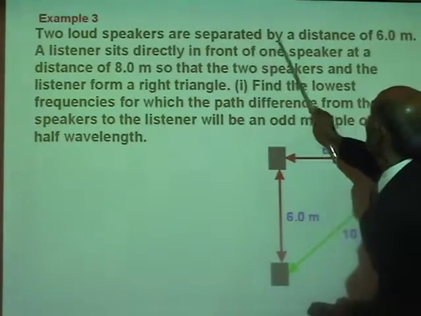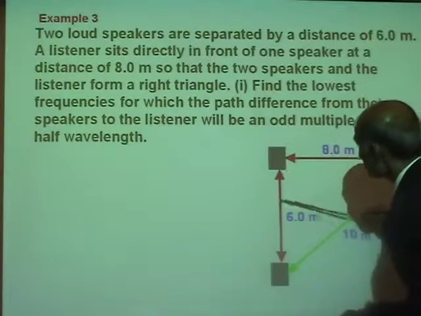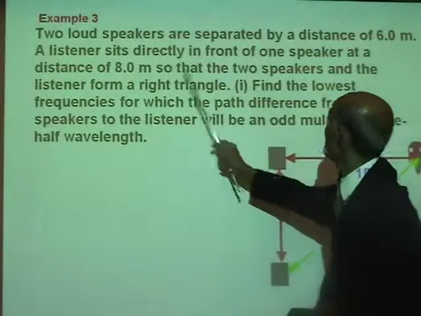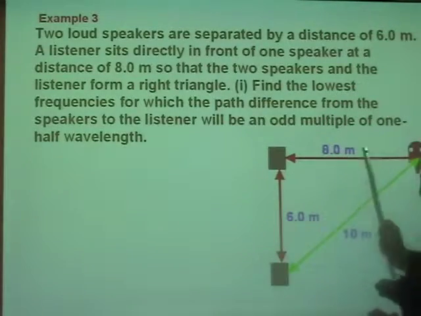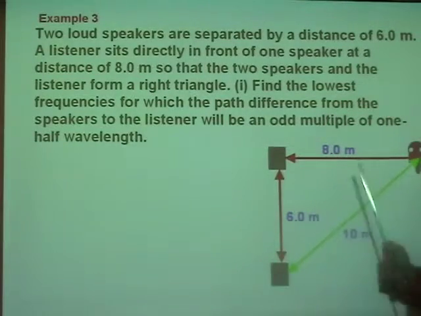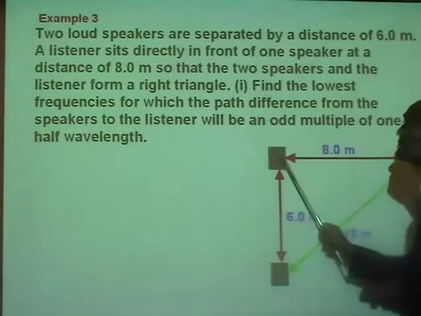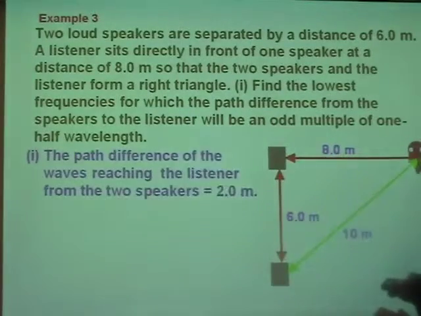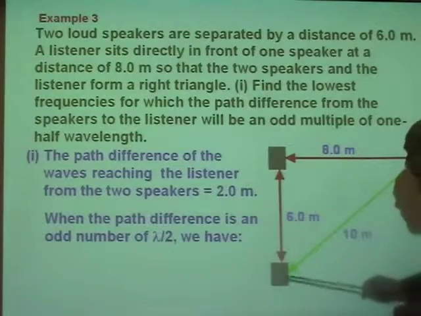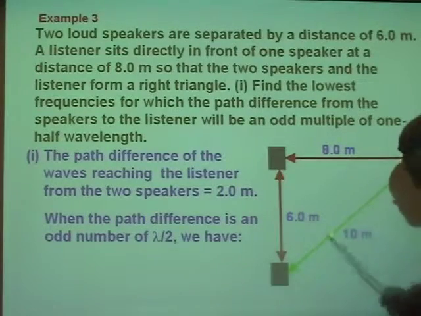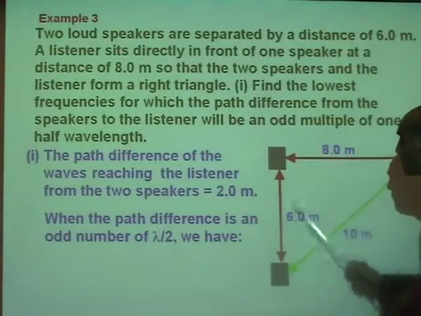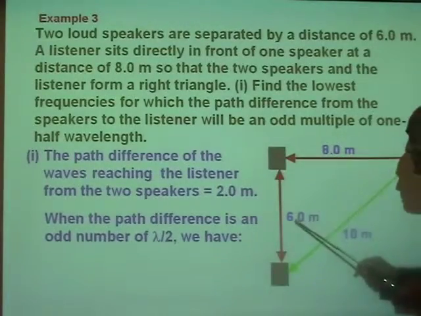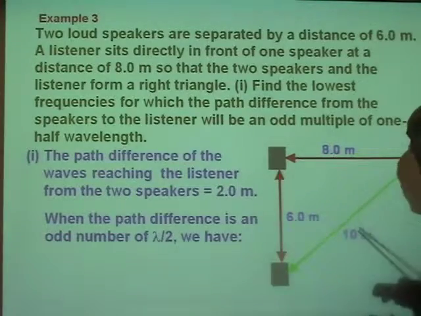You are given that the two speakers are separated by 6 meters and the listener is 8 meters from one speaker. Therefore, what is the distance of the listener from the other speaker? That is the hypotenuse there. If this is 6 and that is 8, this must be 10, because 6 squared plus 8 squared is equal to 10 squared.